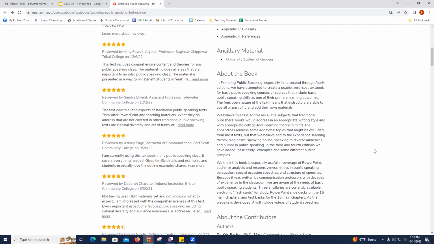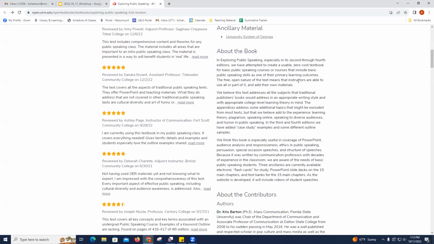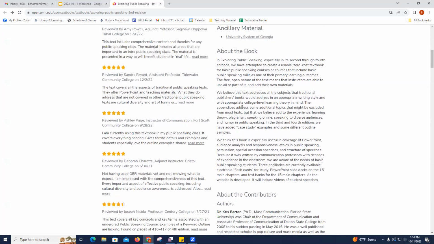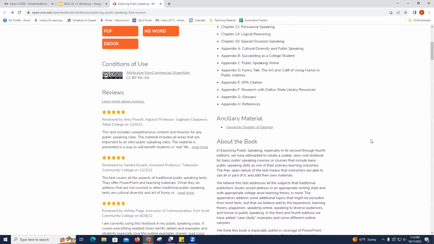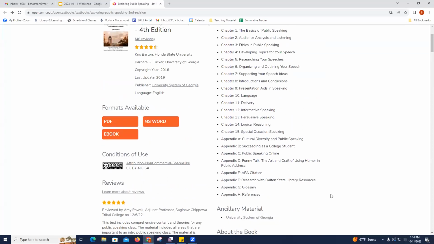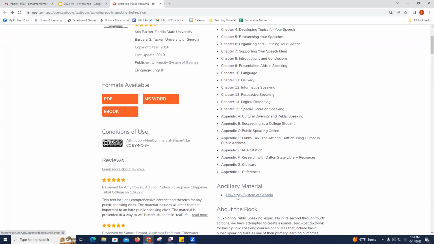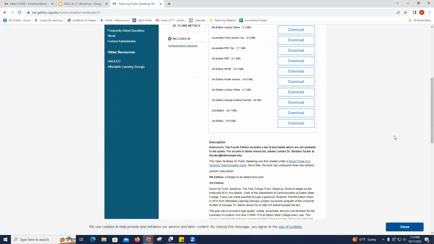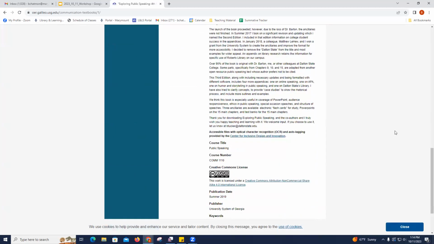And also, I want to make sure I don't miss this about the book. Like I always say, the abstract or the summary gives you kind of what exactly this book is about. And then we have some ancillary material for this book, which I really like. So if you click here under ancillary material, it is going to take you to additional material that you can download.